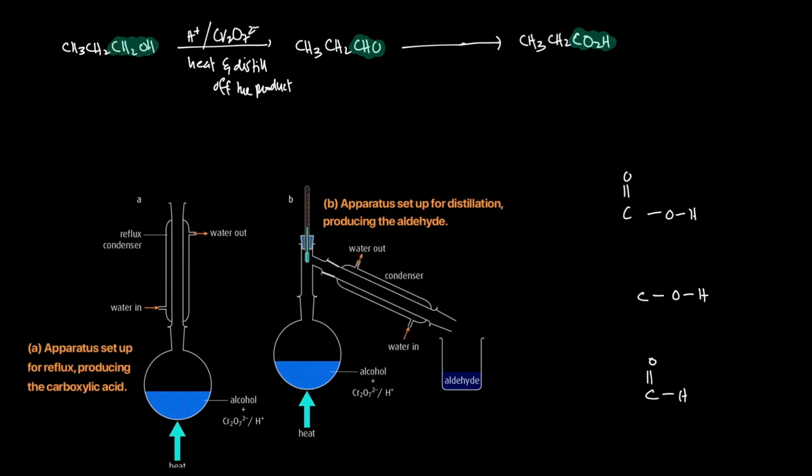You will not say heat under reflux, because heating under reflux will give you a carboxylic acid. When the aldehyde is being produced, we'll keep the temperature such that it's below the boiling point of acid and alcohol, but above the boiling point of aldehyde.